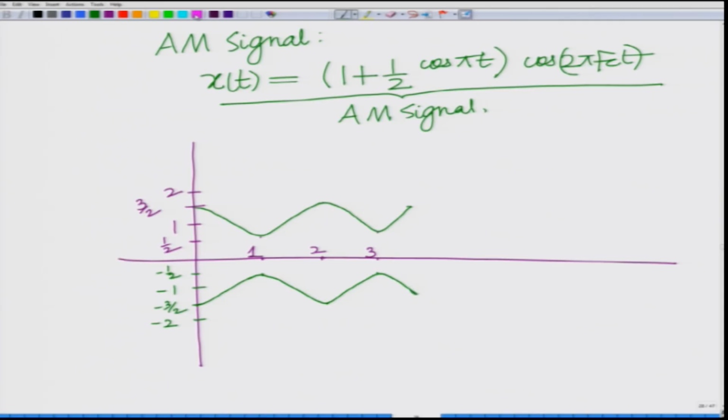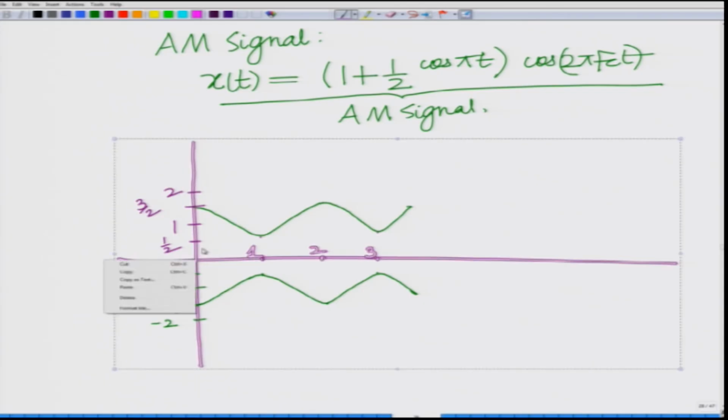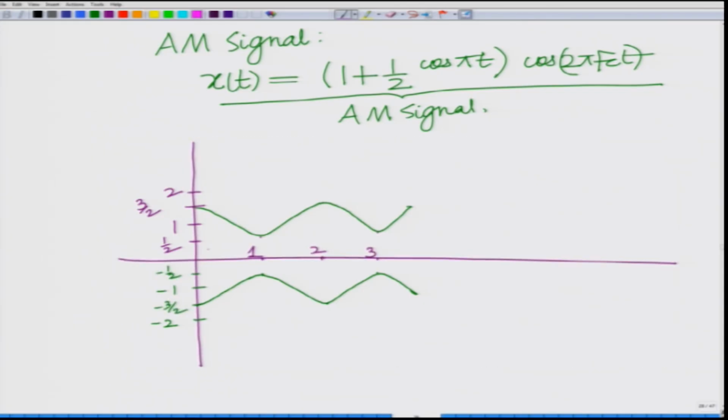Now, modulate the carrier, basically the amplitude of the carrier is varied according to this modulating signal.